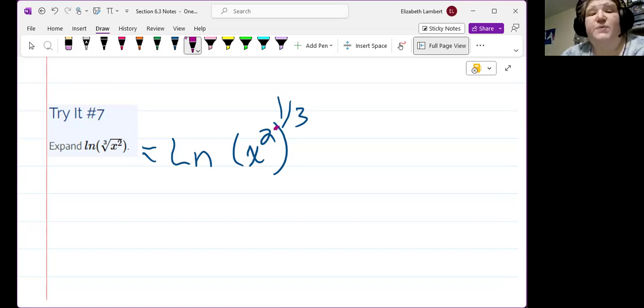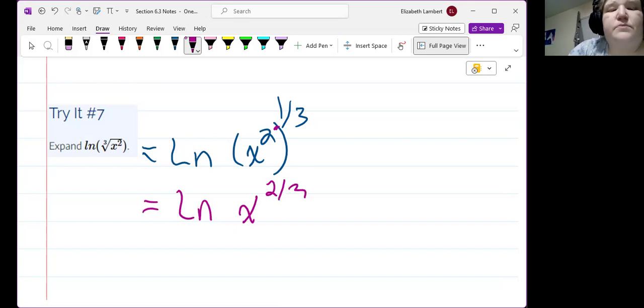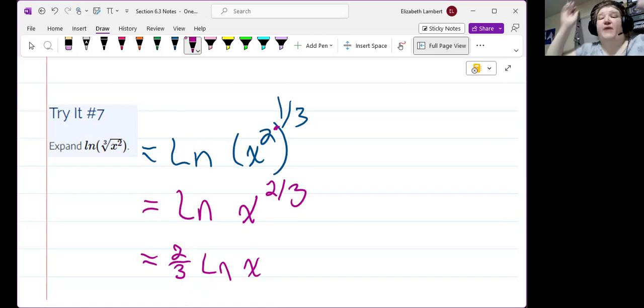Those powers multiply. There's not another base. Multiply here. So 2 times 1/3 will be 2/3. And now we can just bring that whole 2/3 down as the power. 2/3 times the natural log of x.